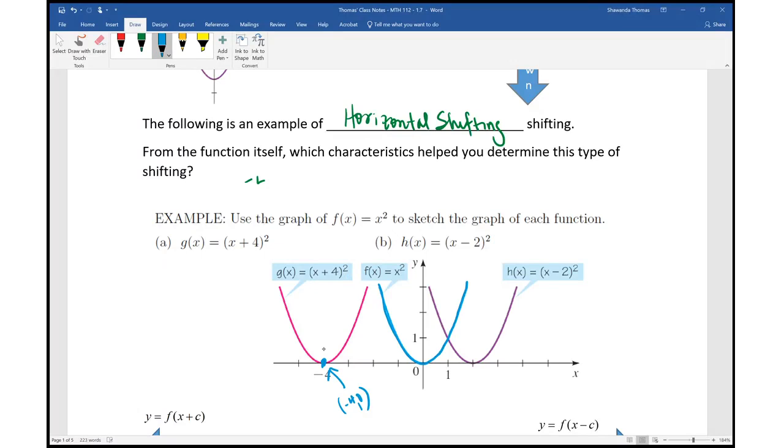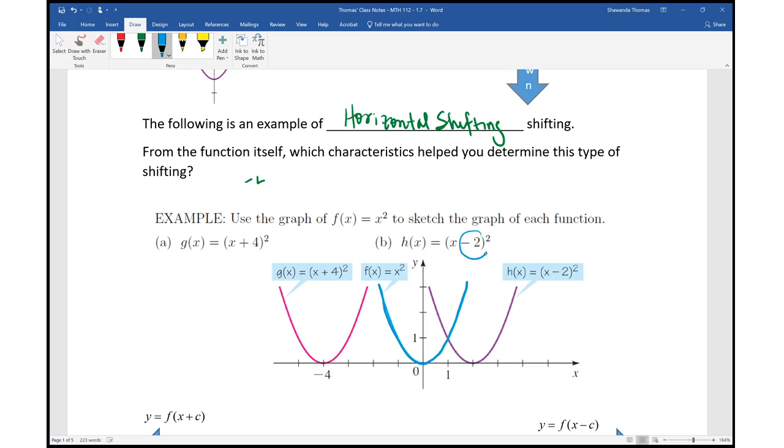If you plug in more numbers, let's plug in -3, for example, you get positive 1 squared, 1. So that point would be -3, 1. So yes, it's definitely going left when you have plus 4.